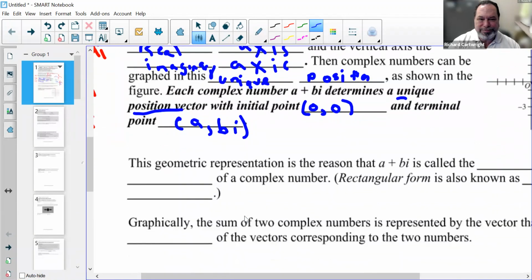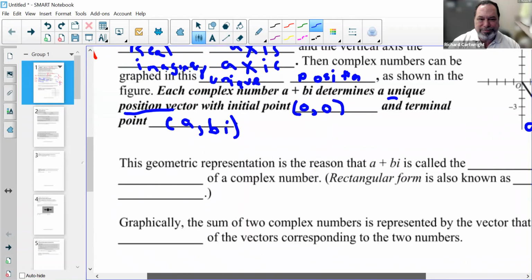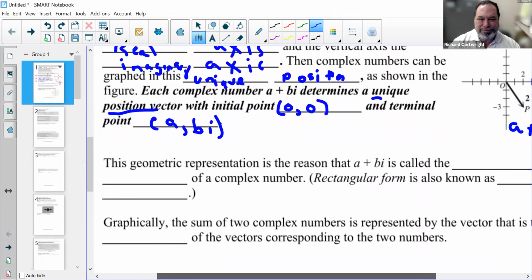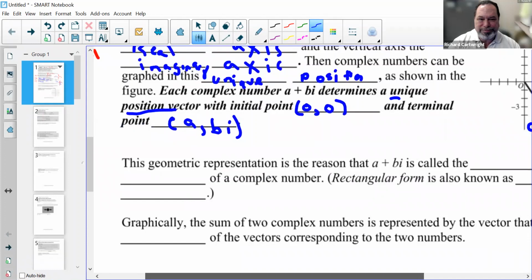The geometric representation is the reason that a plus bi is called the, let's go on, the geometric representation is the reason. I don't know what he means by that. It's called the, I don't know the blank. If you figure out the blank, you let me know, of a complex number. Vector form, maybe.